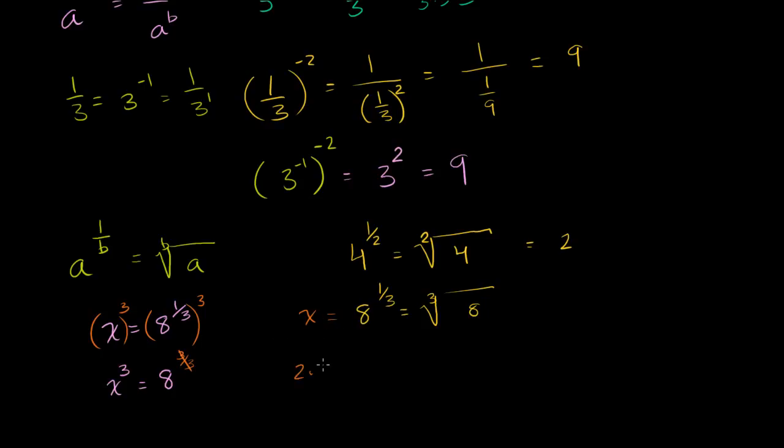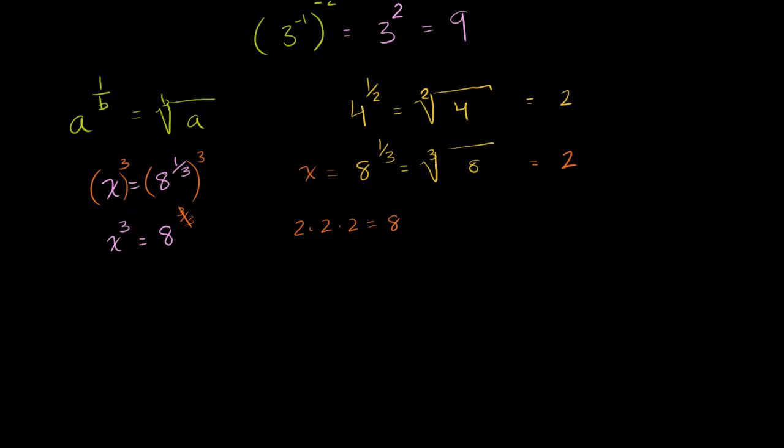Well, 2 times 2 times 2 is equal to 8. And there's no really easy way, especially once you go to the 4th root or the 5th root and you have decimals, of calculating these. You probably need a calculator most of the time. But things like 8 to the 1/3 or 16 to the 1/4 or 27 to the 1/3 are not too hard to calculate. So this right here is 2.